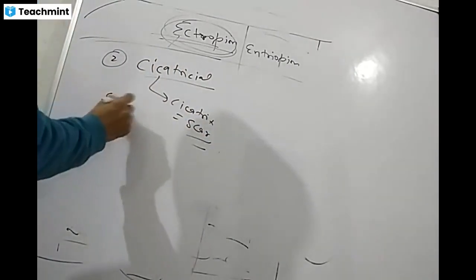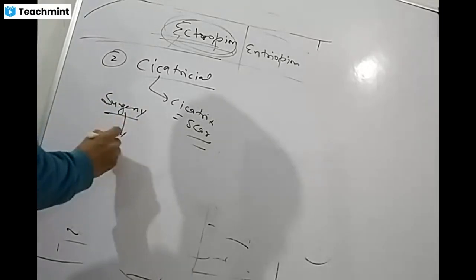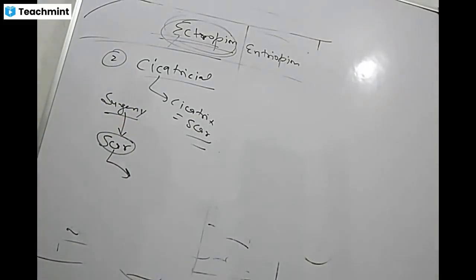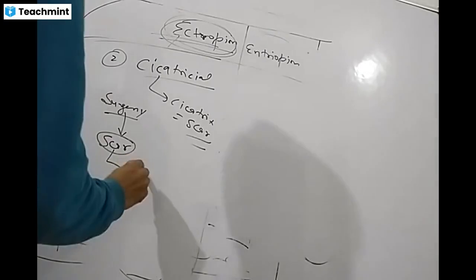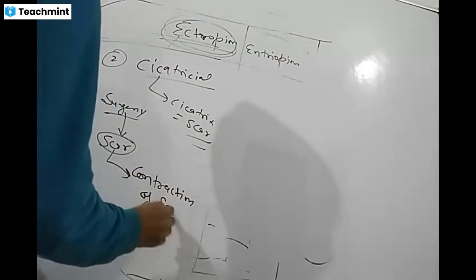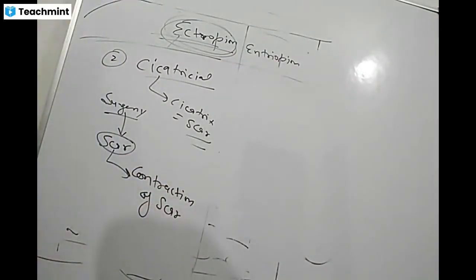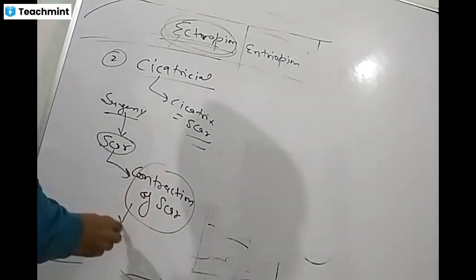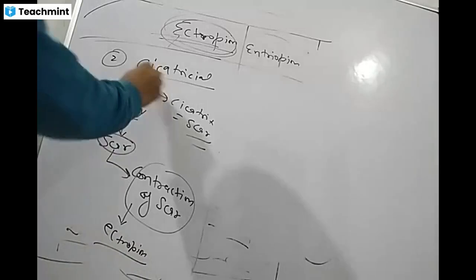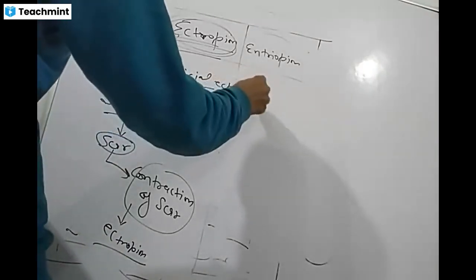Suppose there is a surgery that may leave a scar, and this scar undergoes contraction. Contraction of the scar may lead to ectropion. That is known as cicatricial ectropion.